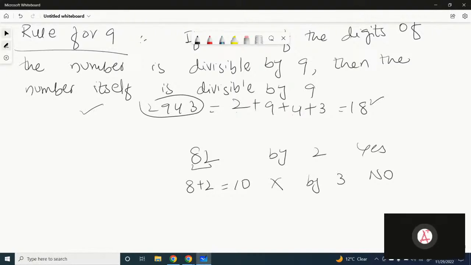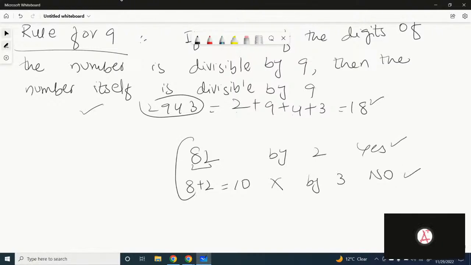Do we have 10 in the table of 3? 3 times what number makes 10? No. That means it is divisible by 2, but it is not divisible by 3.